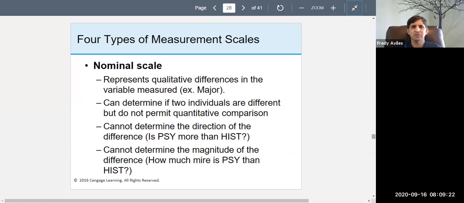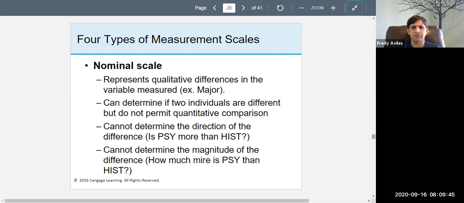So it basically means you have categories, okay? So a nominal scale represents qualitative differences in the variable being measured. Like your major, right? You're a psych major, an English major, a math major, a physics major. Those are names, those are categories. Those variables are on a nominal scale.